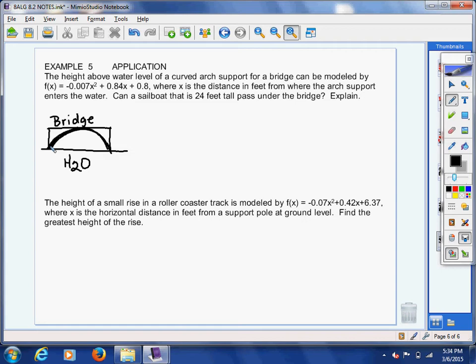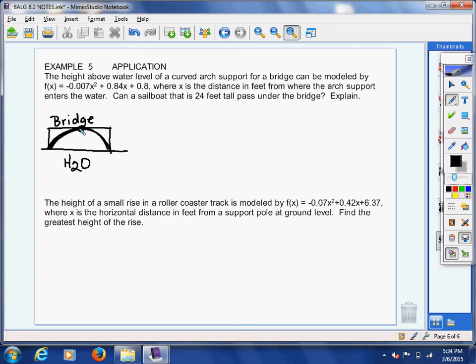So let's take a look. We have a parabola here. It's opening down, so we have a top point right here. That would be our vertex, right under the G in bridge. Now when boats go under a bridge, especially really tall ones, they want to go under the bridge at its highest point.